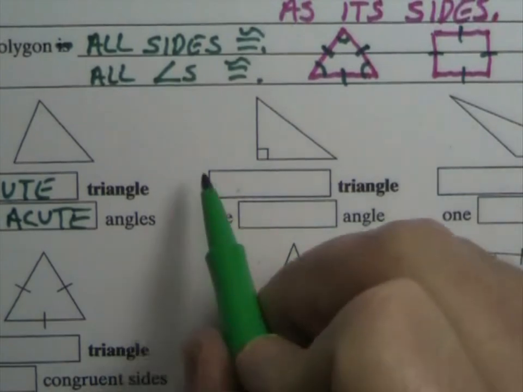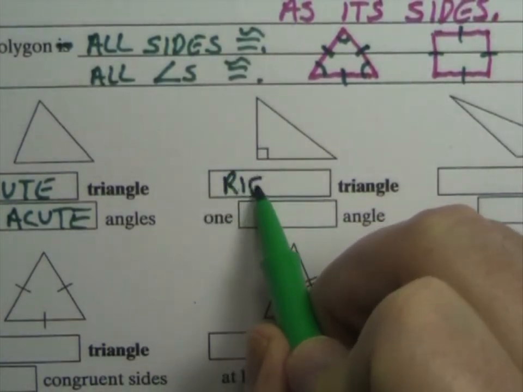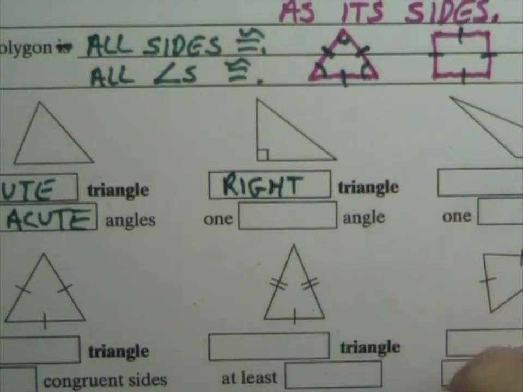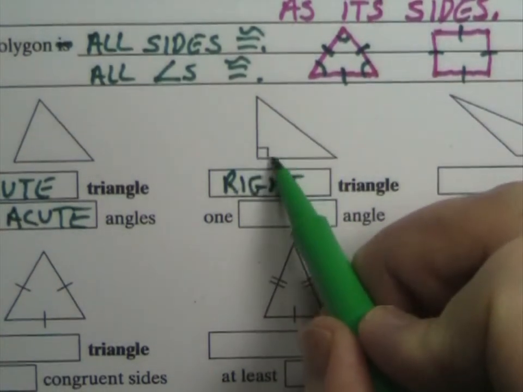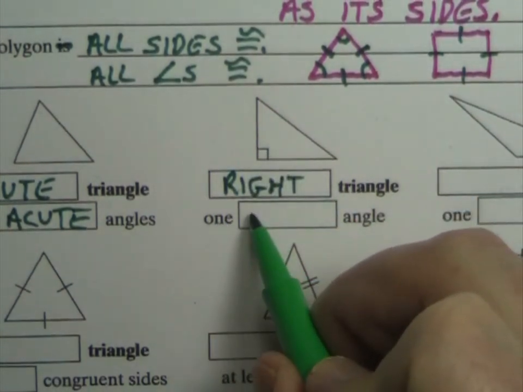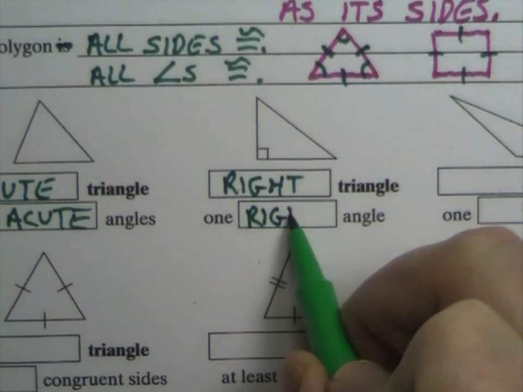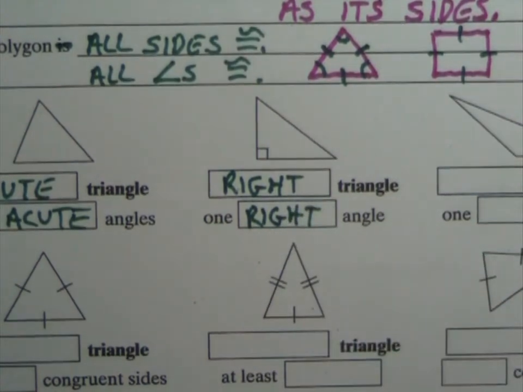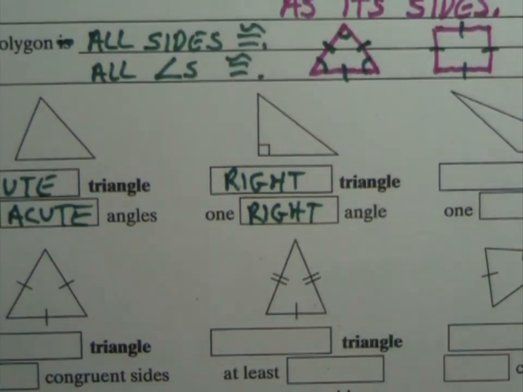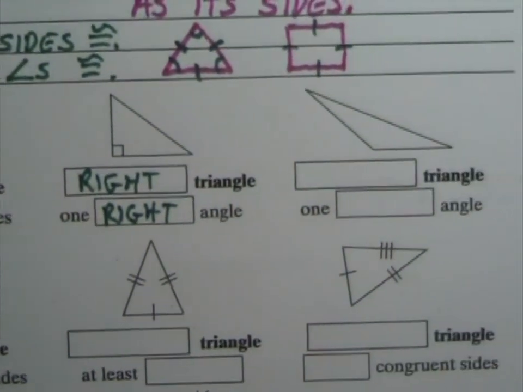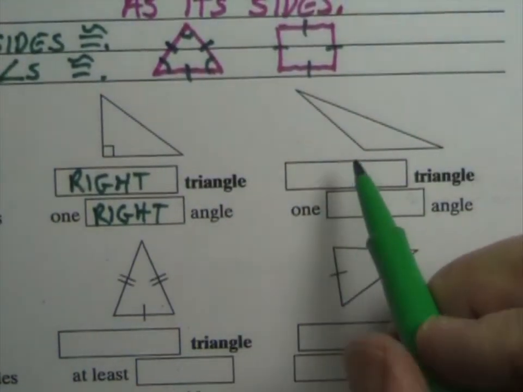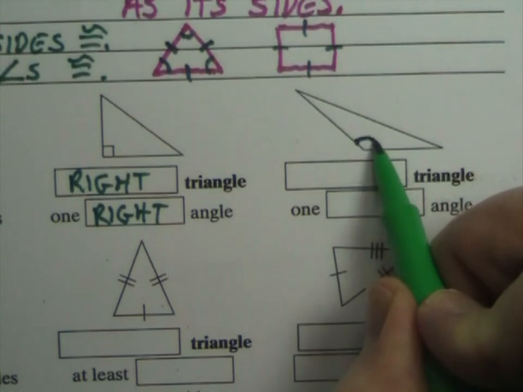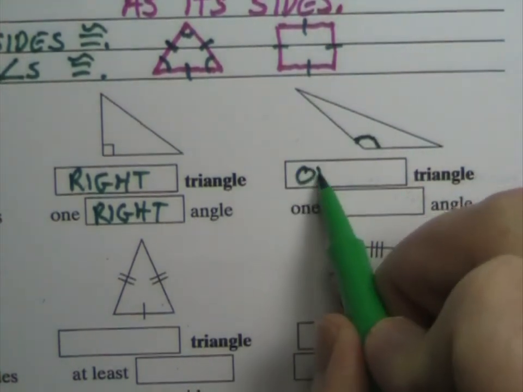Next one is a right triangle. Why is that? Well, look, it has a right angle. It has one right angle. Therefore, it's a right triangle. And over here, notice that this angle right here, it's more than 90.